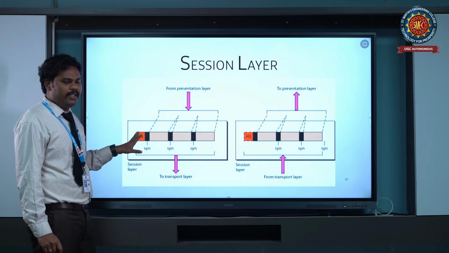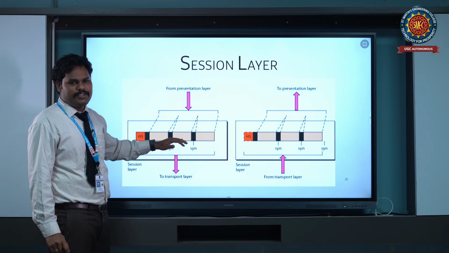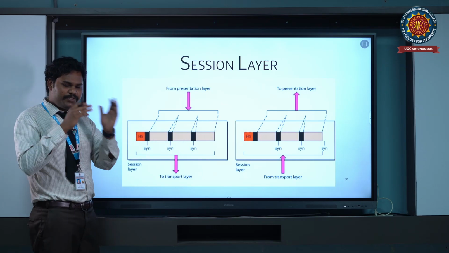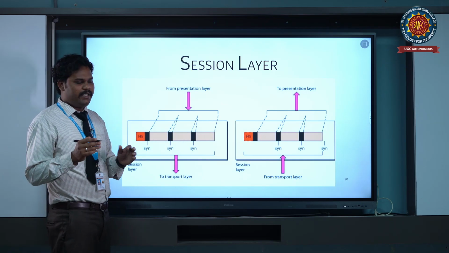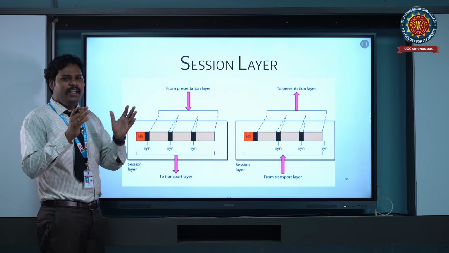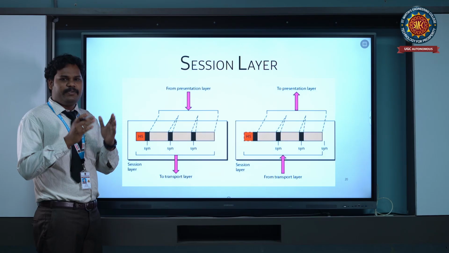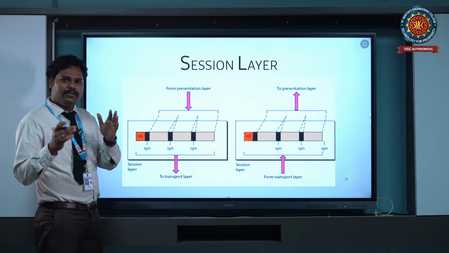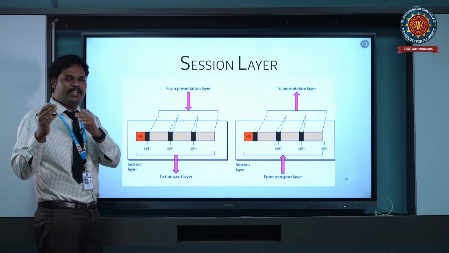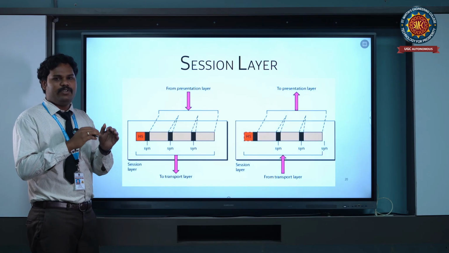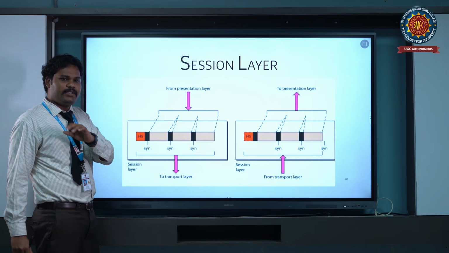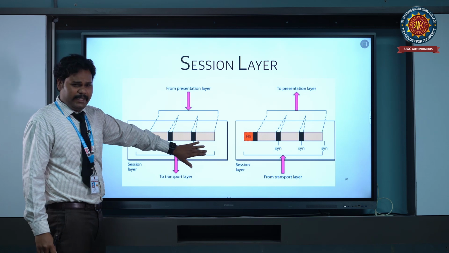Also the synchronization: the session layer uses synchronization and checkpoints. For example, 50 data units are sent to the receiver and an error occurs at the 25th. The whole data transfer is not repeated again.